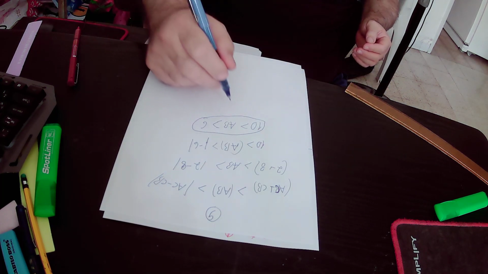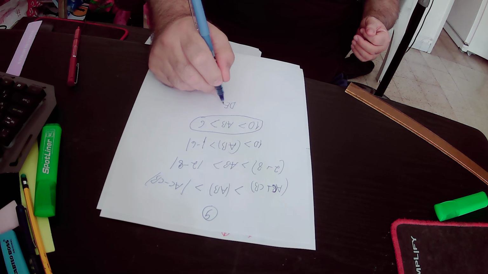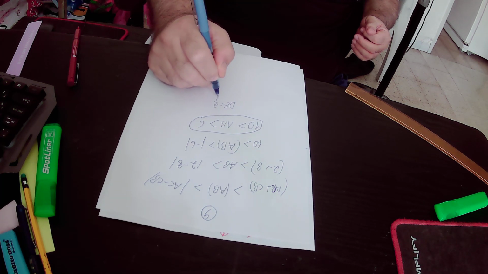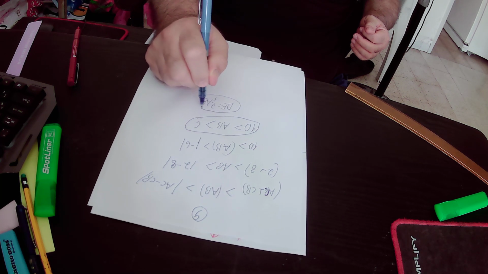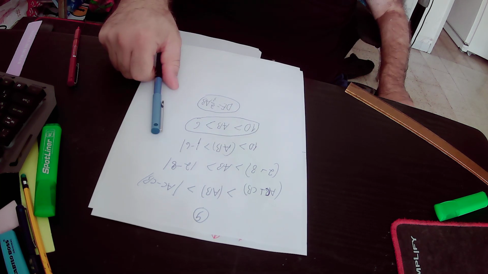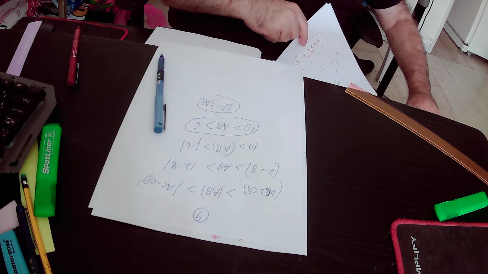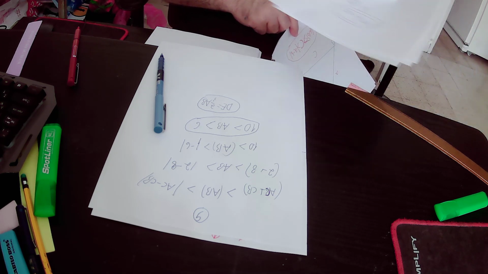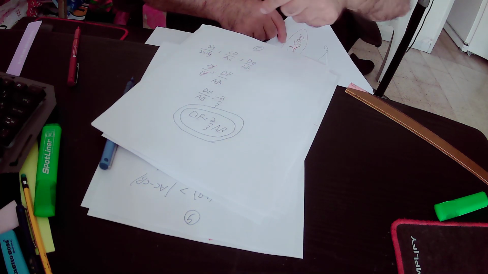But we have already found out that DE equals 2/3 AB.